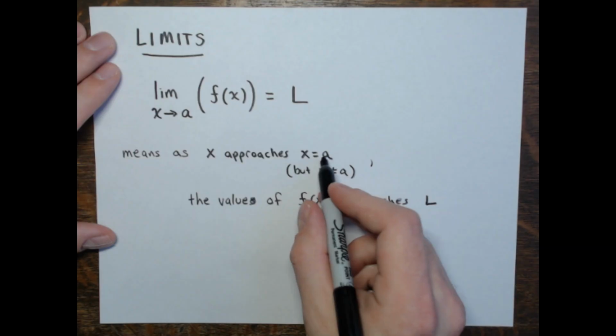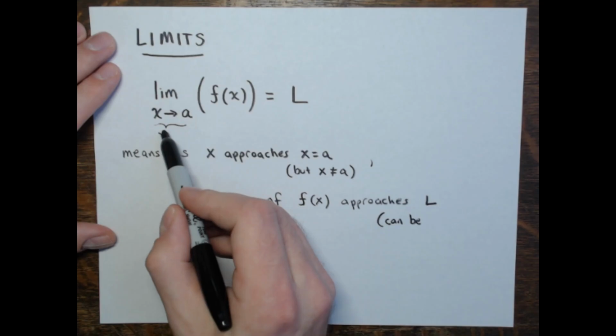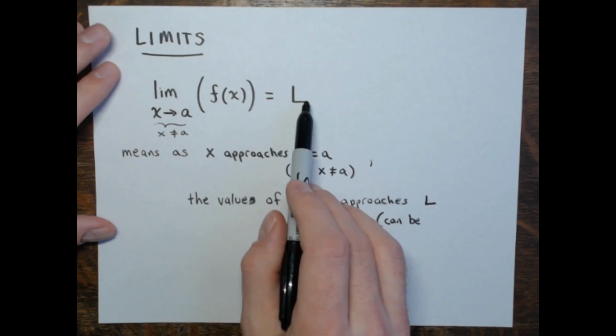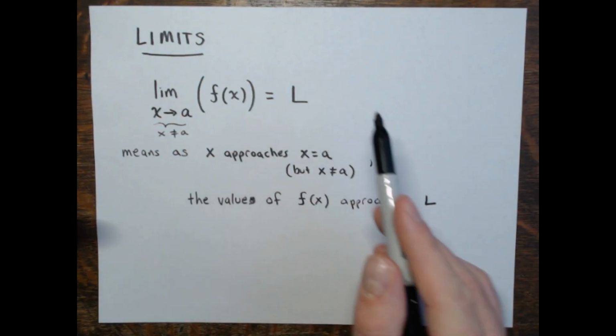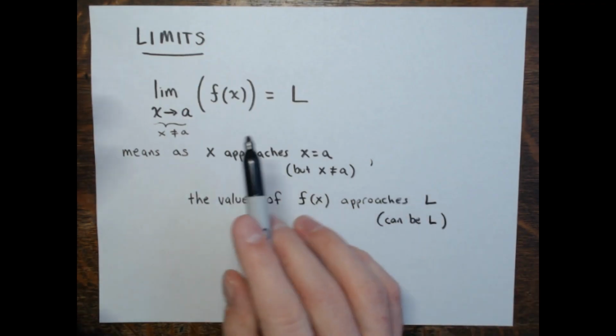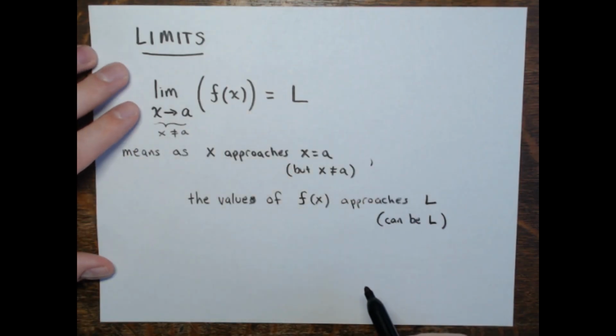So that can't be a, right? This is implying here that x is not a, whereas when the limit they say is L, it can be equal to L, but so you're getting closer to L, but it could also be L itself.